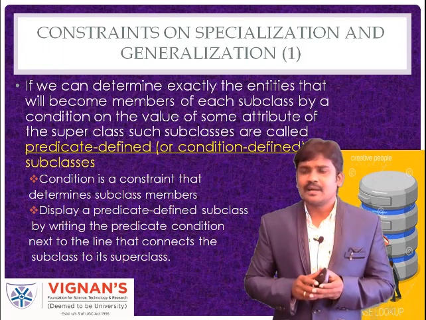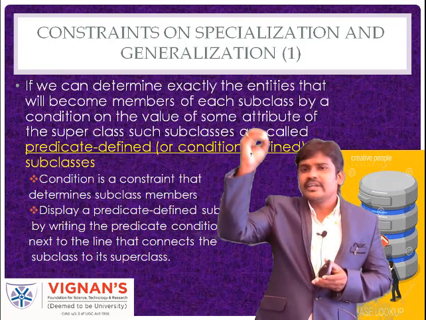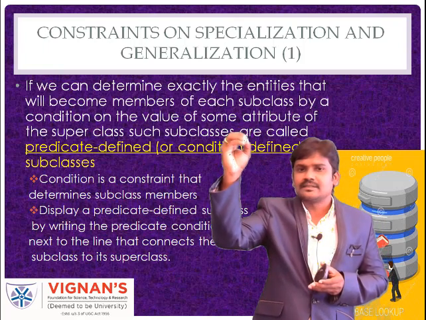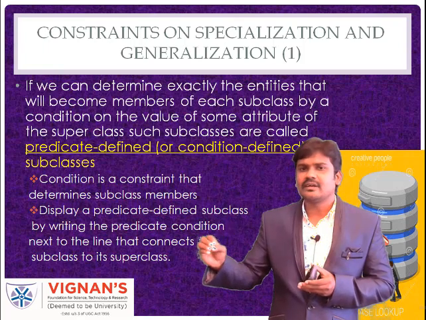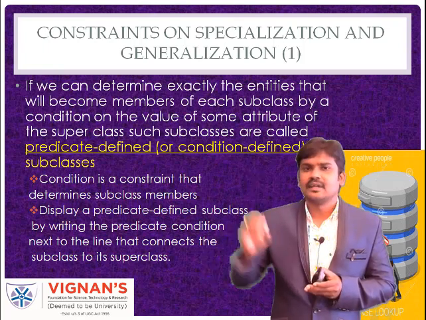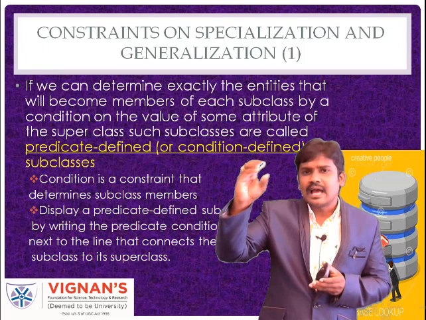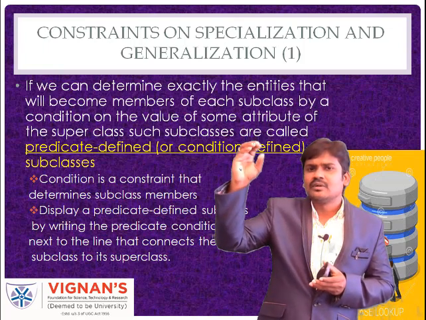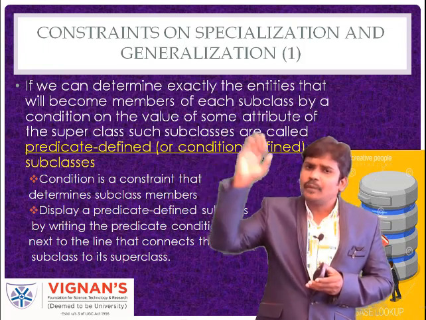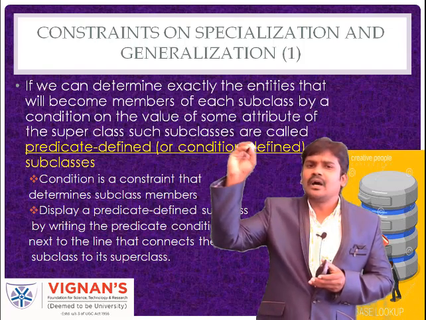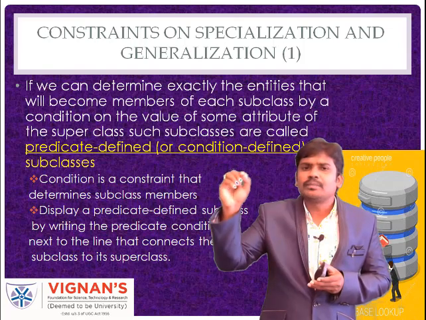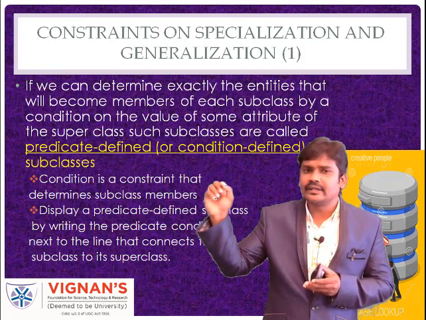Means, for example, if employee is the superclass and the technician, engineer, secretary are the subclasses. Now, employee has one specific attribute, that is job type. Within that job type, I am giving one value, job type equals secretary.